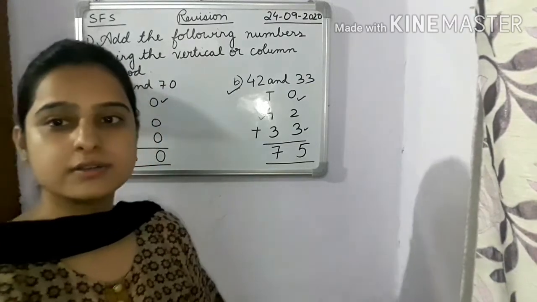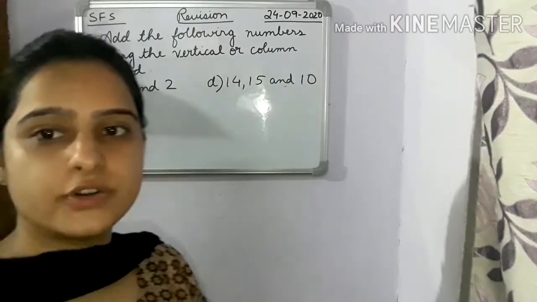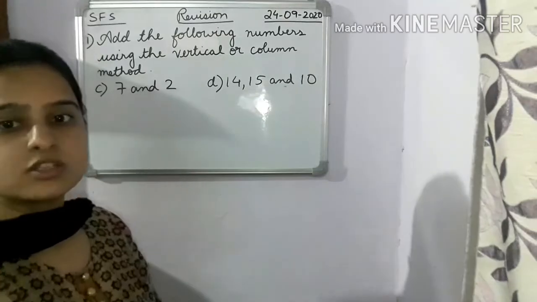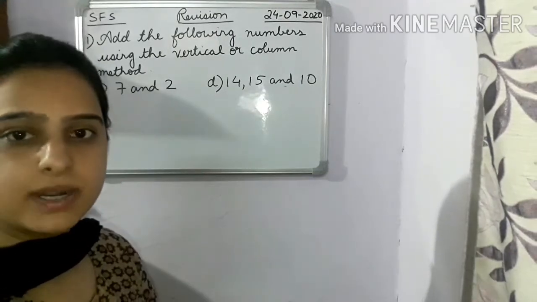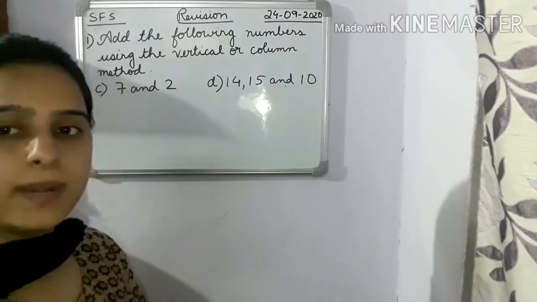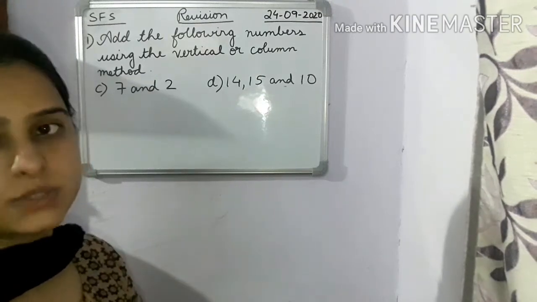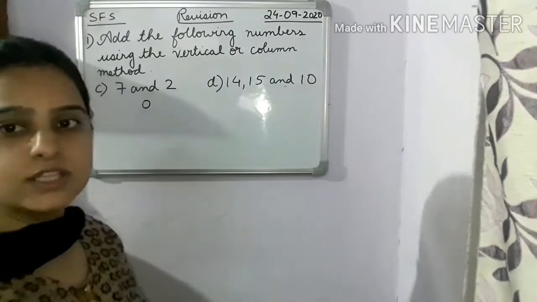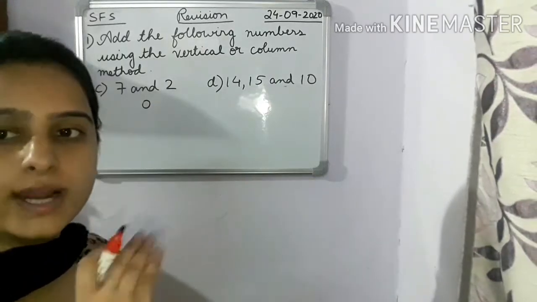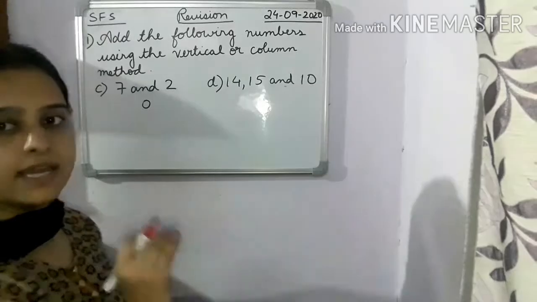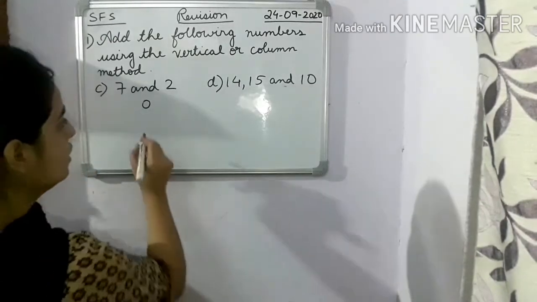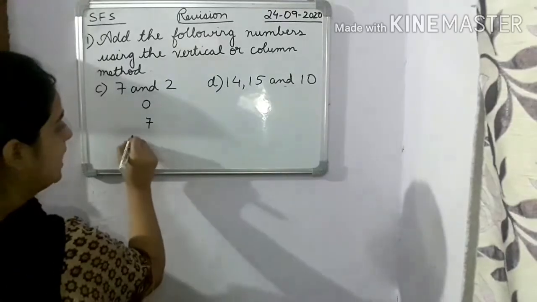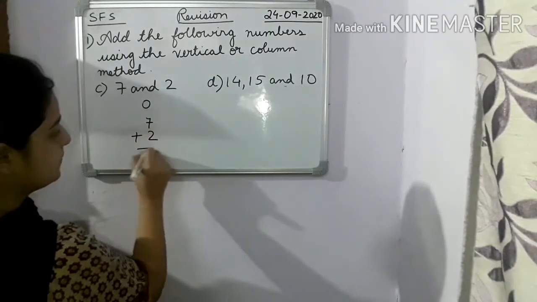Let's do more. So children, let's do number C. Add 7 and 2. So this is your one digit number, isn't it? So what place will be here? Ones place will be here. So we'll put ones place and then we will arrange 7 and 2 vertically, or you can say in column method. So 7 will come below ones place, plus 2.